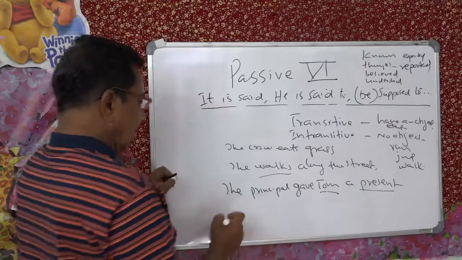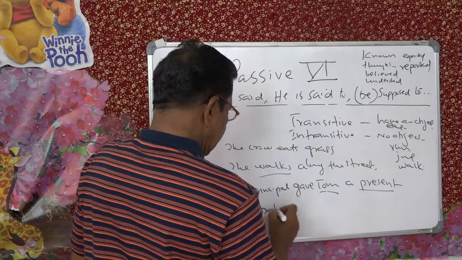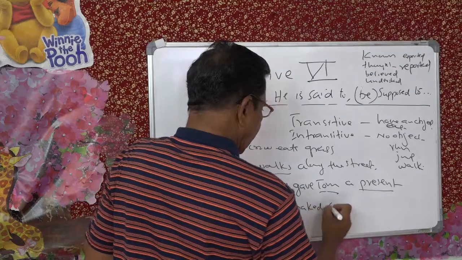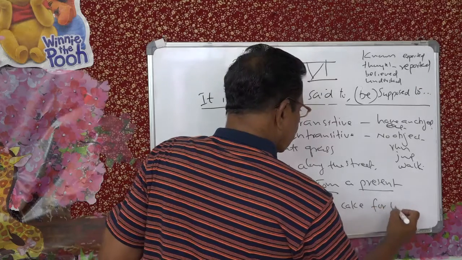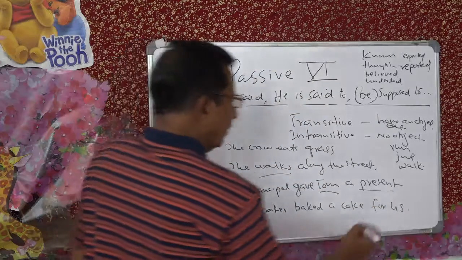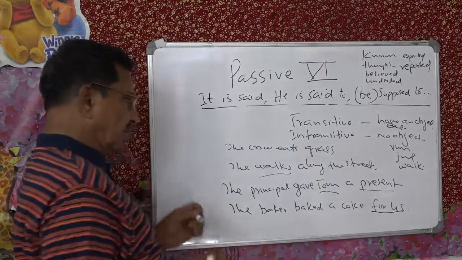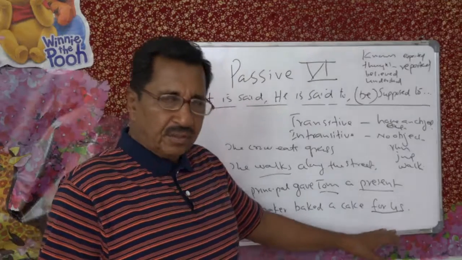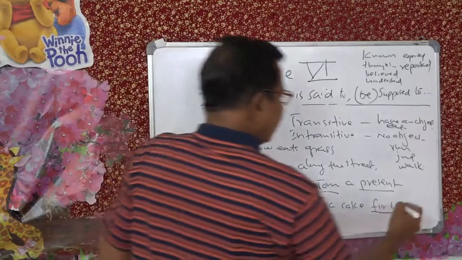But you have got another diagram. The baker baked a cake for us. So here this is an indirect object. The second object we call the indirect object, or we call it dative. Dative, that's the word.